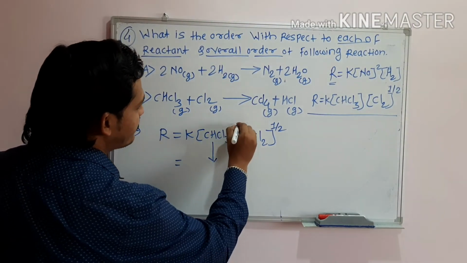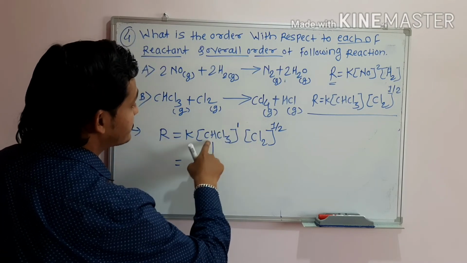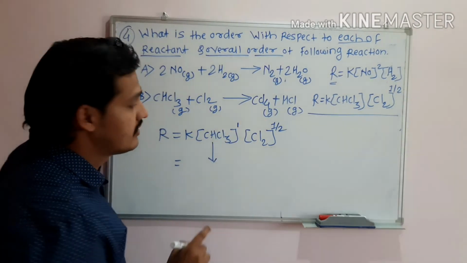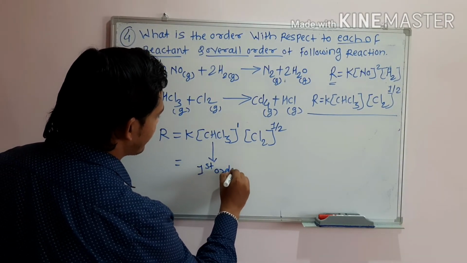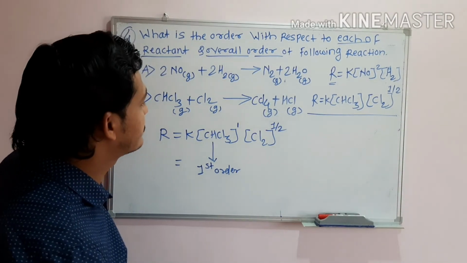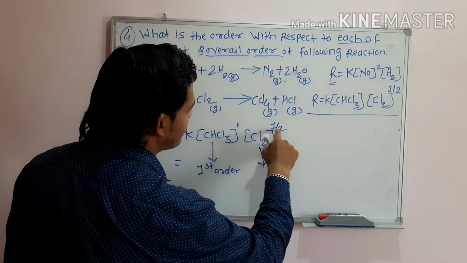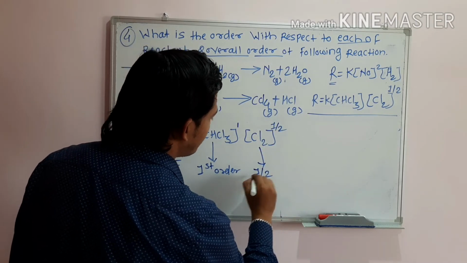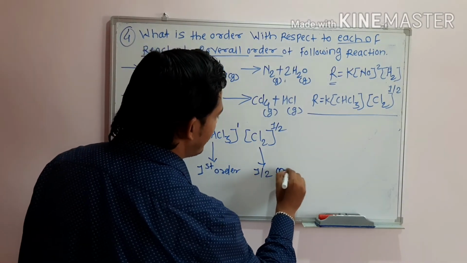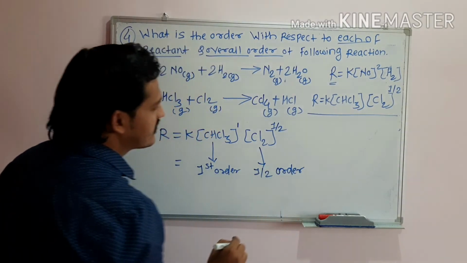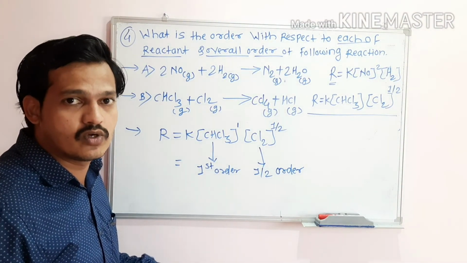Now each reactant, number first, that is CHCl3. The power of CHCl3 is 1, so it indicates first order kinetics. Now the power of Cl2 is 1/2, so Cl2 consists of half order reaction, because I'm already telling you the order of reaction may be 0, may be fraction, or may be in whole numbers.